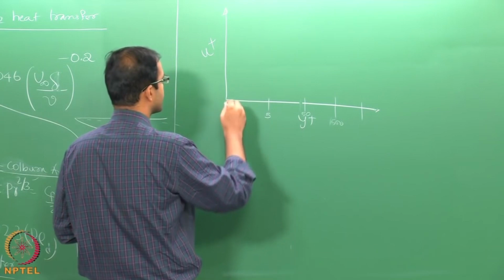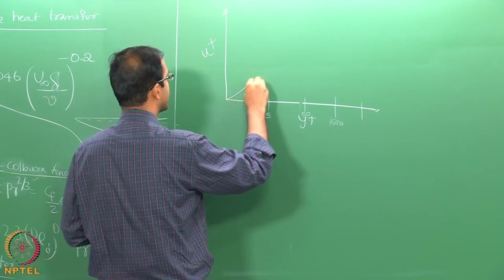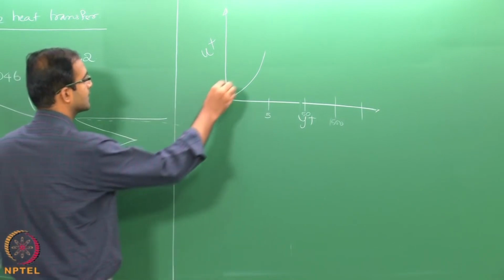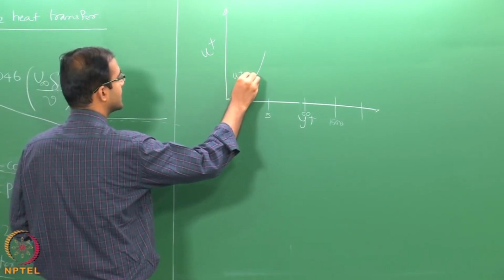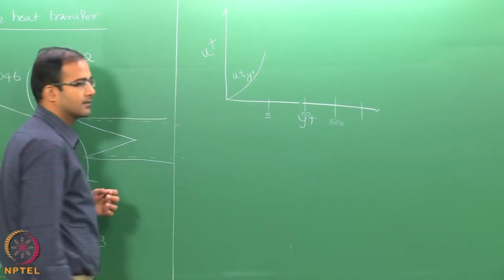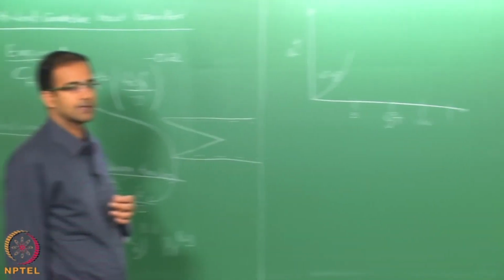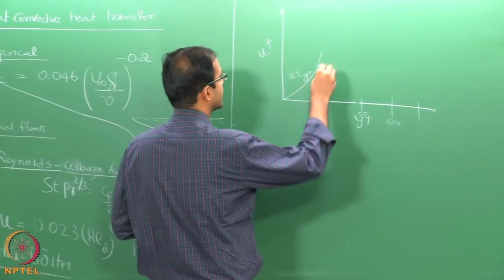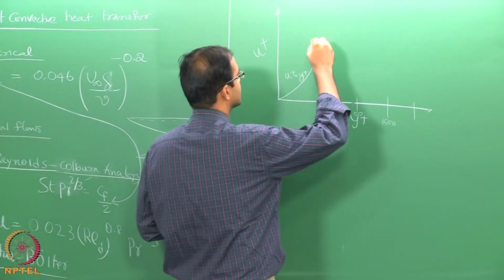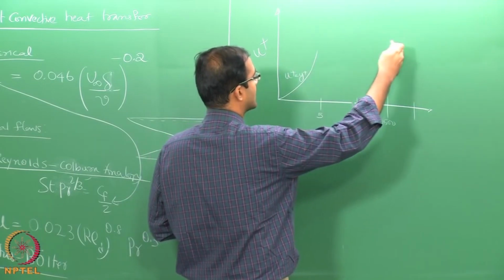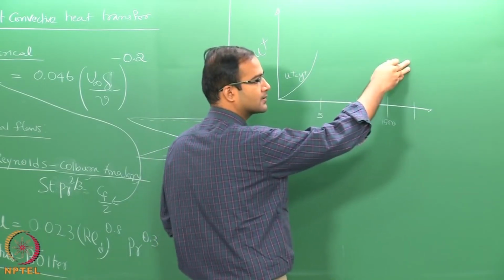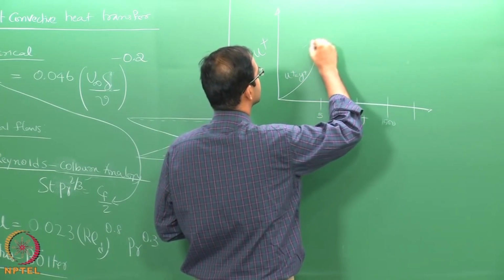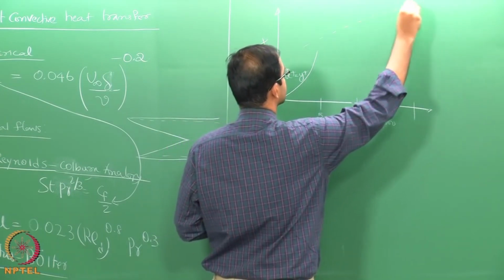Based on this we have identified a profile in the viscous sublayer which is linear, plotted on a logarithmic x axis becomes a curve like this. Then we have another expression for the log layer which is extending above y plus of 30. If you extend it, it goes something like this.